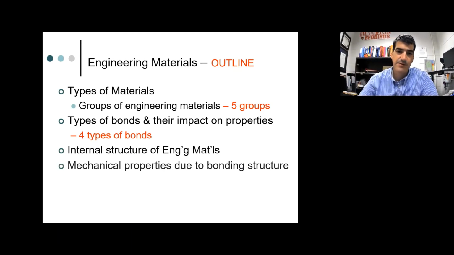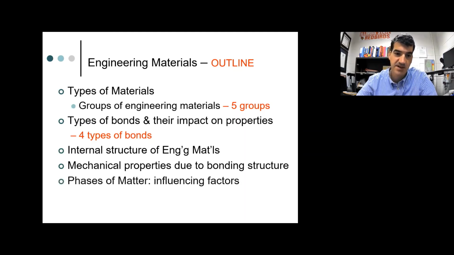So that's why we're interested in the types of bonds and how they are structured, because it impacts the mechanical properties. So we're going to talk about some of that today as well, and we'll continue talking about those mechanical properties in future days.